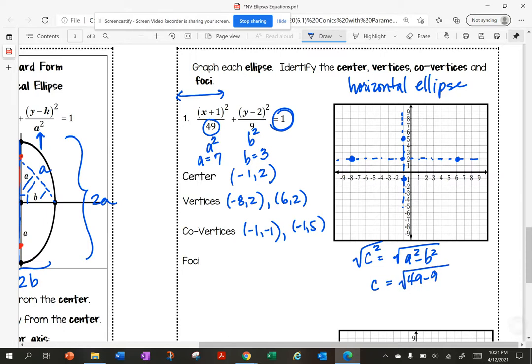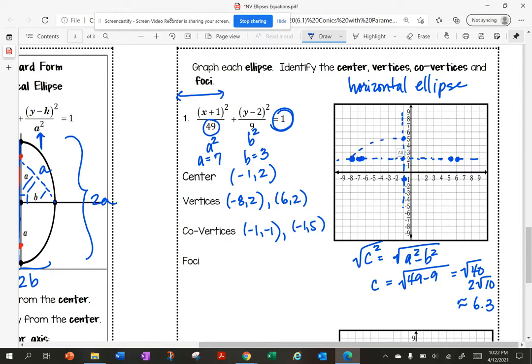So C is the square root of 40, which if I'm simplifying this is going to be 4 times 10. So this will be 2 times the square root of 10. And if I round that, that is going to be 6.3. So I'm going to use the 6.3 for the graphing. So 1, 2, 3, 4, 5, 6.3 is going to be over here. And 1, 2, 3, 4, 5, 6.3 is going to be right over here.